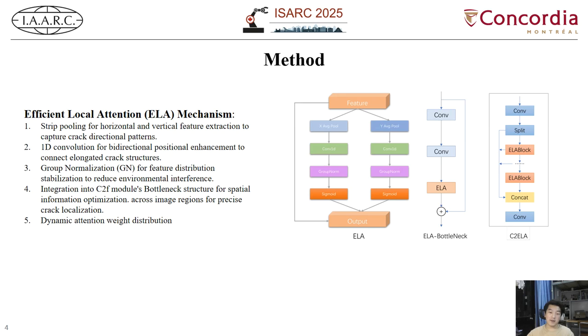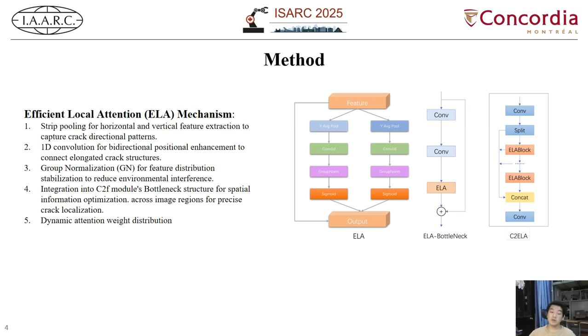Now let's look at our method. To solve all these problems, we introduced two innovations. First, the efficient local attention, or ELA. It uses strip pooling to capture vertical features, and we use 1D convolution to connect long cracks.